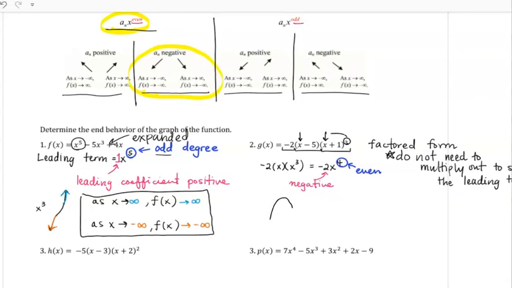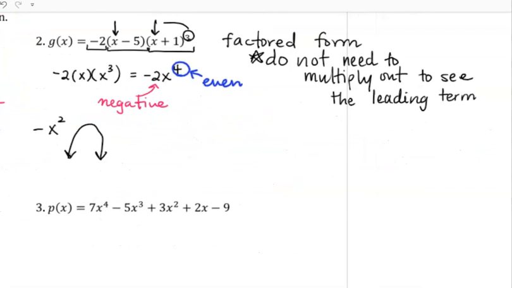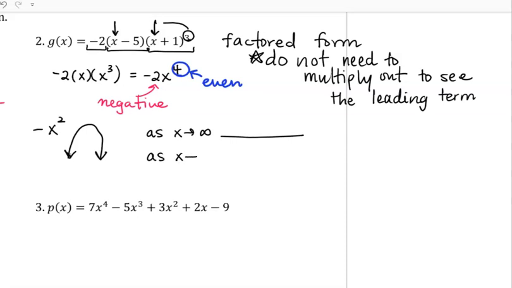That's going to look a lot like negative x squared. Just thinking about what negative x squared itself looks like, because it's negative, it flipped over the x-axis. Because it was x squared, it is a parabola. Both sides of that graph are pointing down. So what we're going to do now is fill in these 2 blanks. What's happening as x gets really, really big, goes off to the right, and what is happening as x gets very, very small, as it goes off to the left to negative infinity?